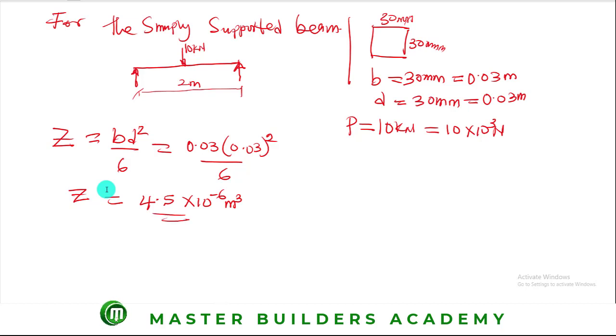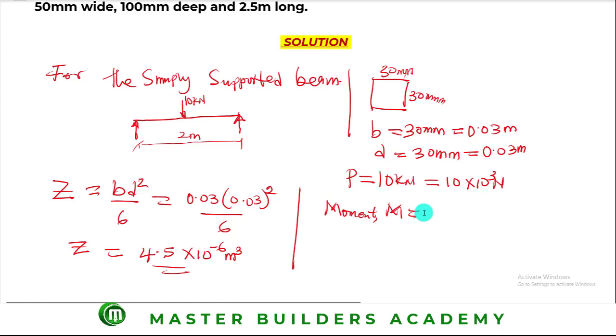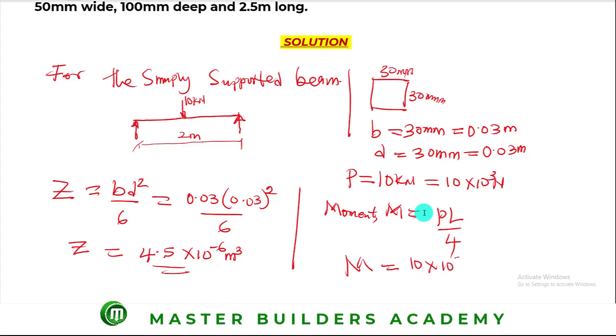Then again, we need to find the moment. One of the things you need to recall is that the maximum bending moment for a simply supported beam carrying a point load at the midspan is given as PL over 4. Then if we find this, moment becomes 10 times 10 raised to the power of 3 multiplied by the span, which is 2 meters, all over 4.